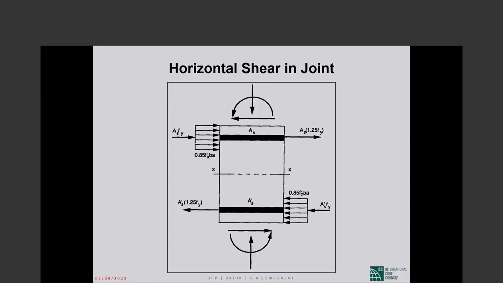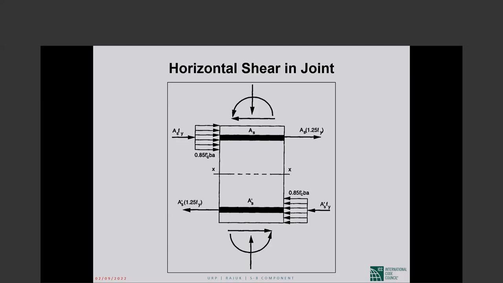You keep on adding transverse reinforcement, the shear strength of the joint simply doesn't go up anymore. So in view of that finding, the joint design of ACI 318 says you shall continue through the beam column joint the column end transverse reinforcement. As I already said, you shall not discontinue that at the soffit of the beam.